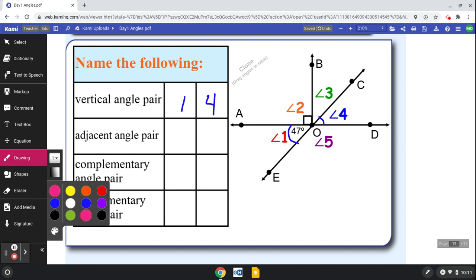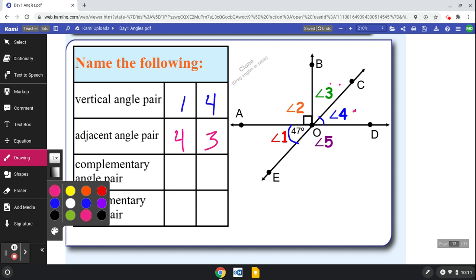Adjacent means they are next to each other. Now there's tons of them. You could choose 1 and 5. You could do 5 and 4, 4 and 3, 3 and 2, 2 and 1. So I'm going to actually go with 4 and 3.